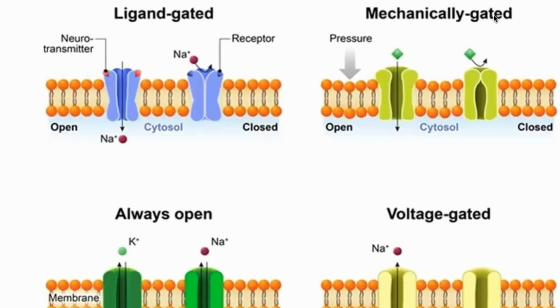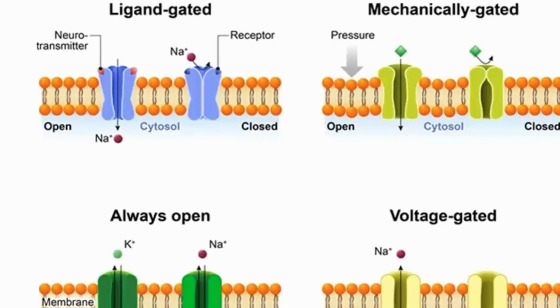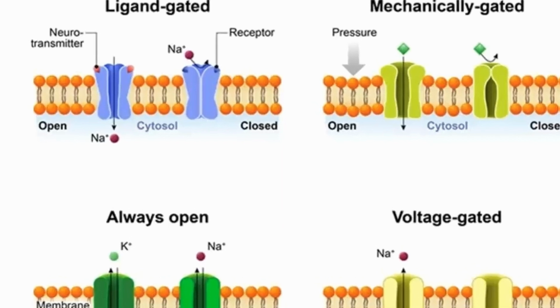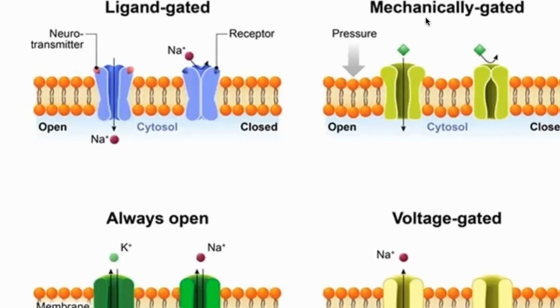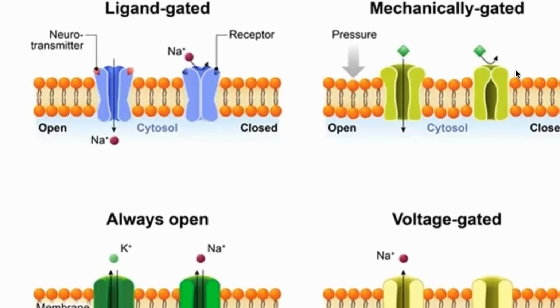You can also have mechanically gated ion channels, meaning that they respond to touch or pressure. So if, for example, I touch the nerve endings on your skin, this will stimulate a little vibration or a little pressure, and the nerve will sense that pressure by causing an influx. When the nerve senses that pressure, this will automatically cause these channels to open.